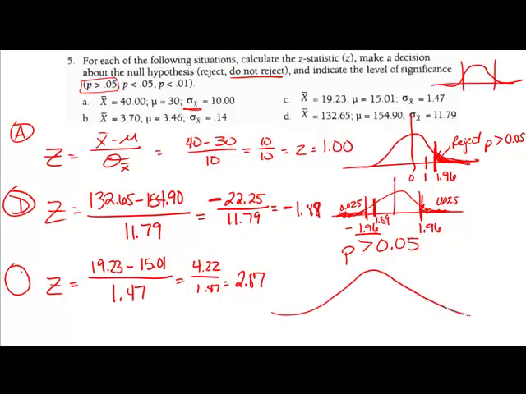So what does that mean? Well, draw a curve. We know that 1.96 is our magic number. We're actually at 2.87. I'm going to have to find a chart and look up how much is in that tail of that curve for that high of a z-score.